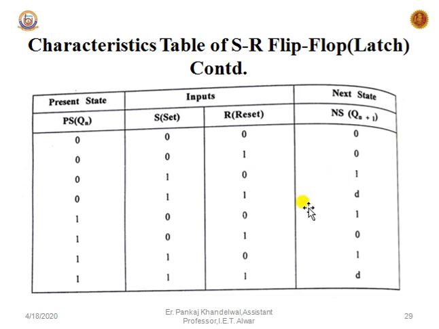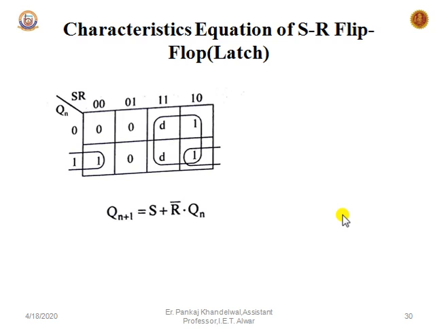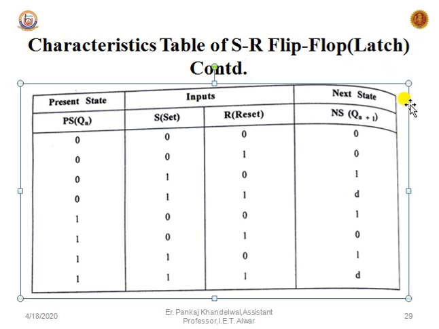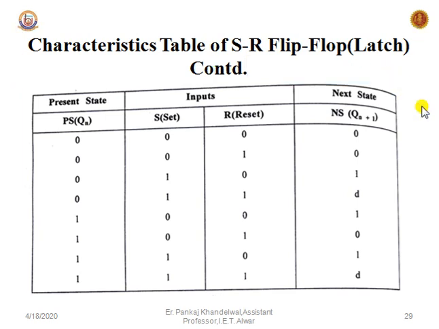When set is 0 and reset is 1, this is the reset state, and the next state will go to 0. We can solve this table easily.